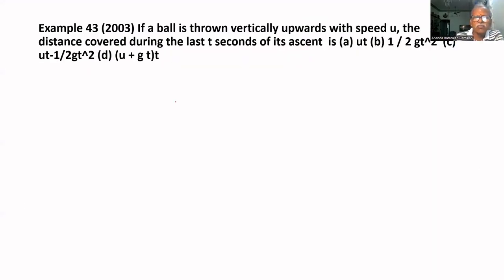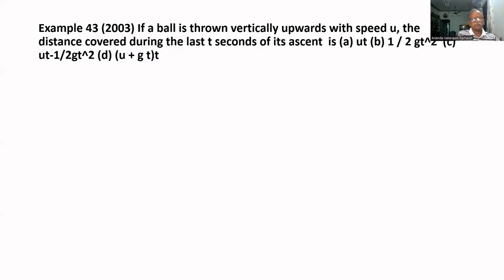If a ball is thrown vertically upwards with a speed U, the distance covered during the last t seconds of its ascent is ut plus 1 by 2 gt square, ut minus 1 by 2 gt square, or u plus gt.